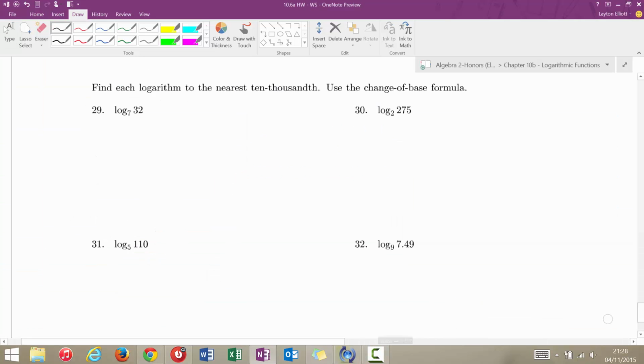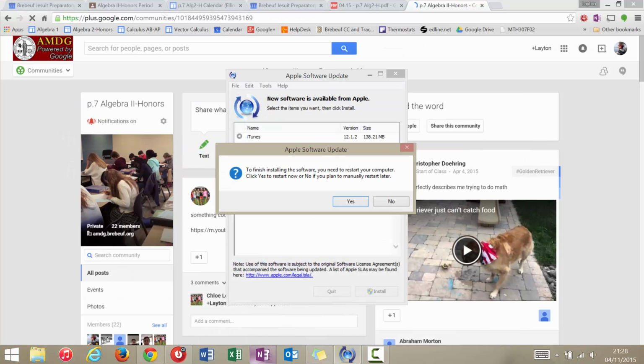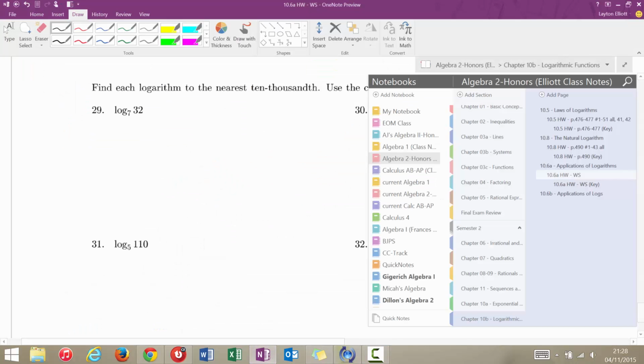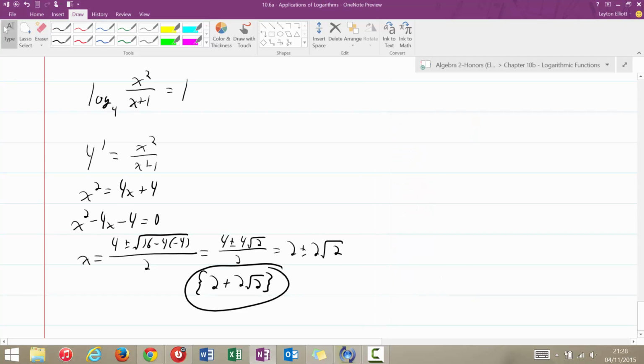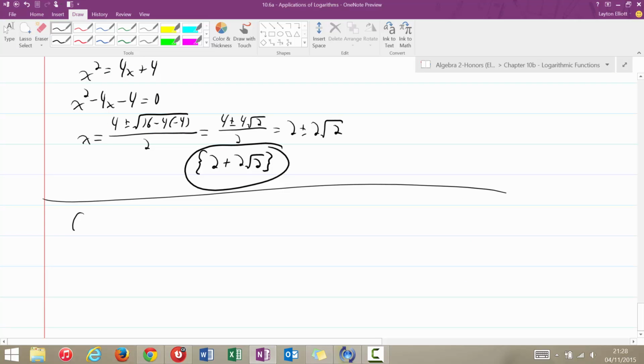Lastly, I want you to see these problems that are going to be at the bottom of your sheet. This should be quick. Anytime you need to plug a log into your calculator, and your calculator in testing mode cannot do logs at different bases, remember the change of base.